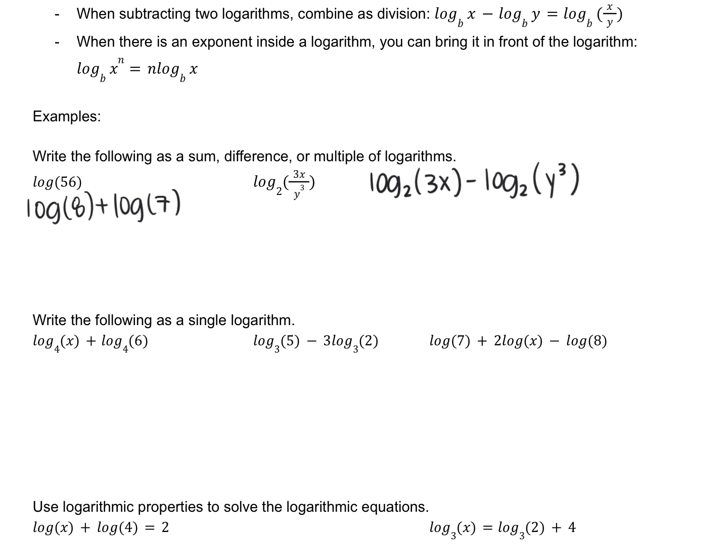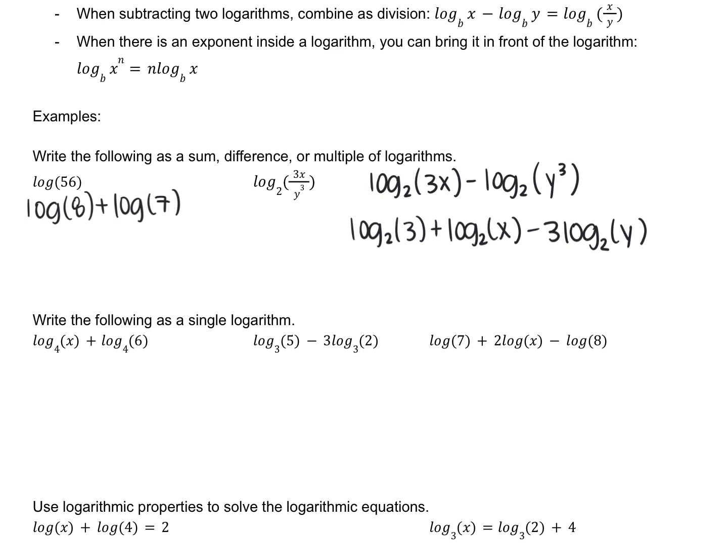Now in that first logarithm, I'm going to take my 3x, which is multiplication, and break it up as addition. So it becomes log base 2 of 3 plus log base 2 of x. And then for my second logarithm, I can bring that 3 down in front, and it becomes minus 3 log base 2 of y.